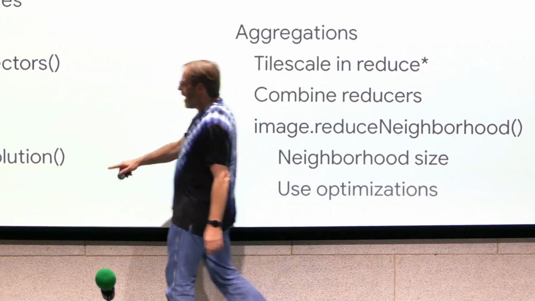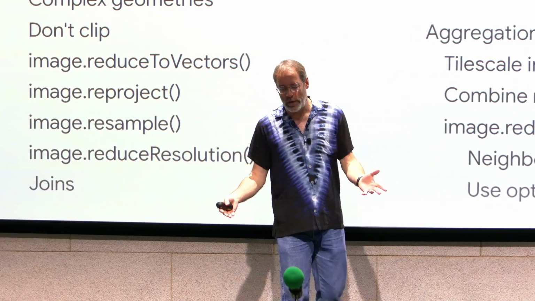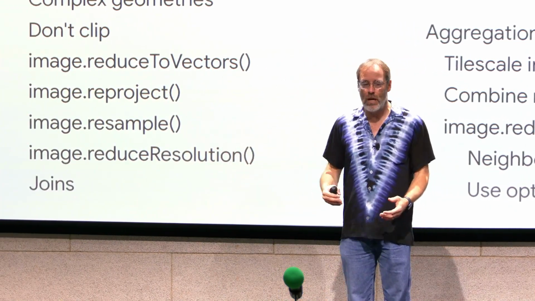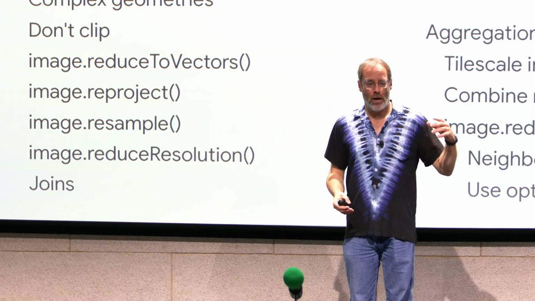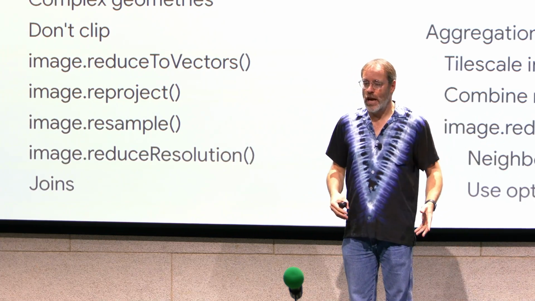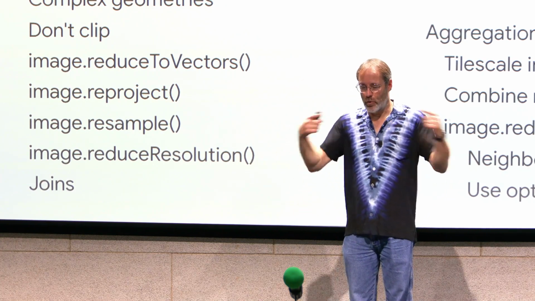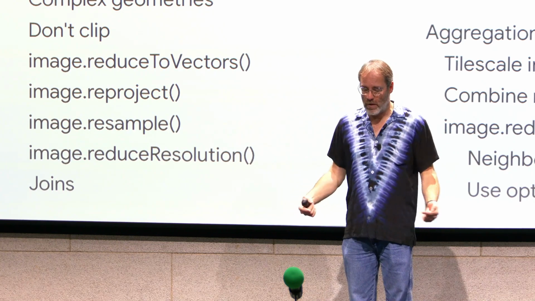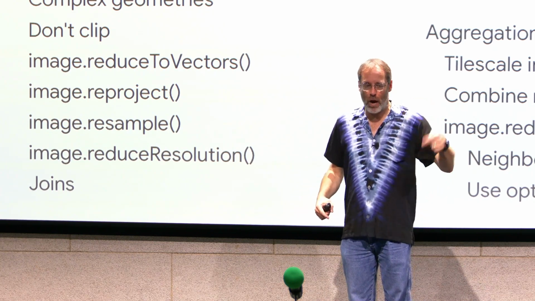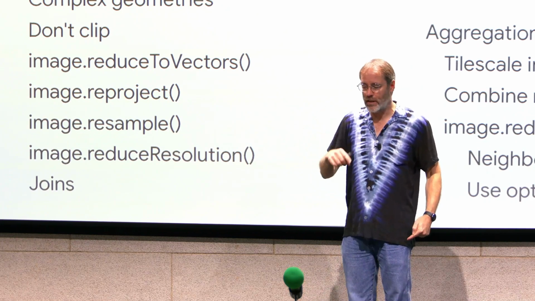And then Mike had me add joins. There are two ways to do the equivalent of a join in Earth Engine. One is to use the join system. The other is to use map and filter. So if you've got a bunch of polygons and you're trying to join them with a bunch of images, for instance, you can do a join and try to match them up. Or you can map over the polygons and filter the image collection down to each one of those polygons.